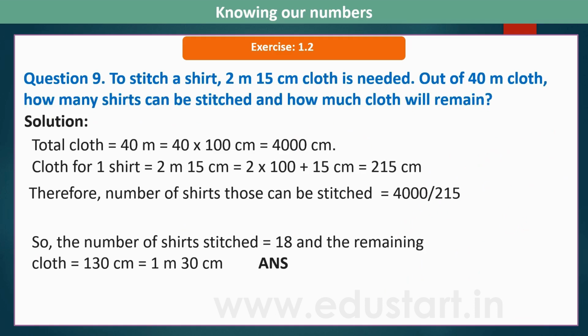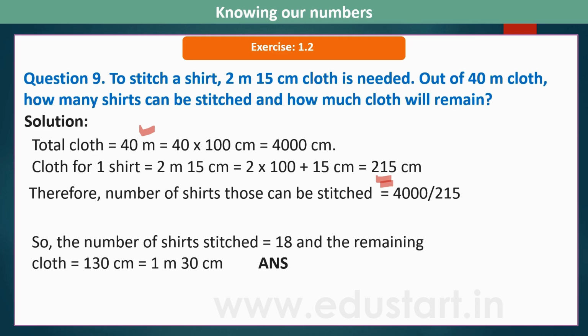To stitch a shirt, 2 meter 15 centimeter cloth is needed. Out of 40 meter cloth, how many shirts can be stitched and how much cloth is remaining? So let's see the answer. The cloth required for one shirt is equal to 2 meter 15 centimeter, which is 215 centimeter.